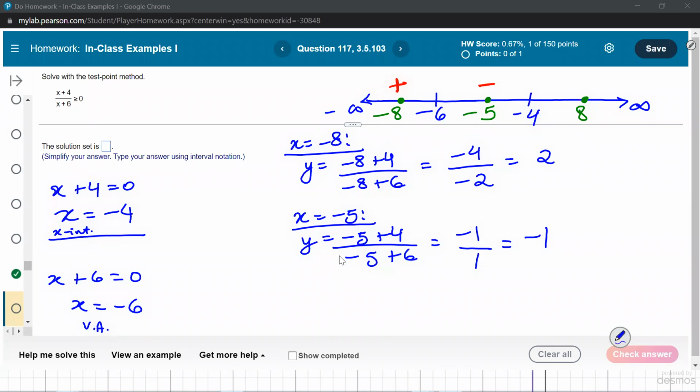And then the last one was x equals +8 in this case, so let's see what that would be. 8 plus 4 over 8 plus 6. We just did that, 12 over 14.